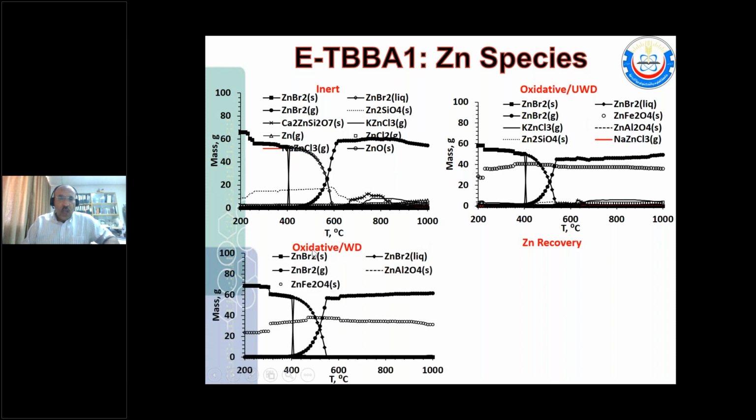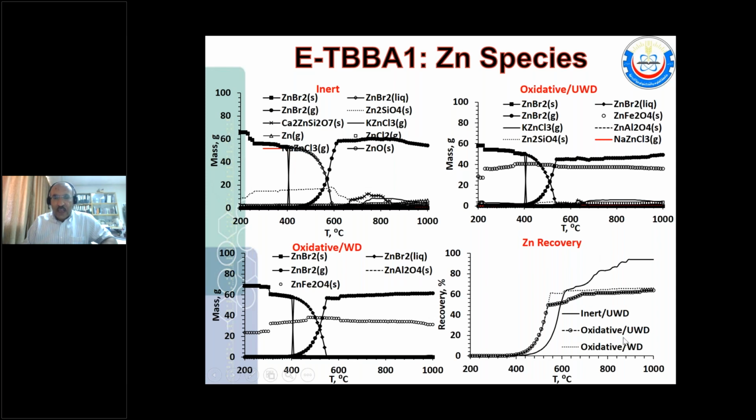Then after we washed the dust, we looked in the absence of sodium and potassium chloride and noticed the profile, and we here see the recovery of zinc in the gaseous phase, irrespective of whether it is zinc bromide, zinc chloride, or a complex chloride like this compound. So we see here not good recovery unless we go to inert conditions and very high temperature, where we can get high recovery.